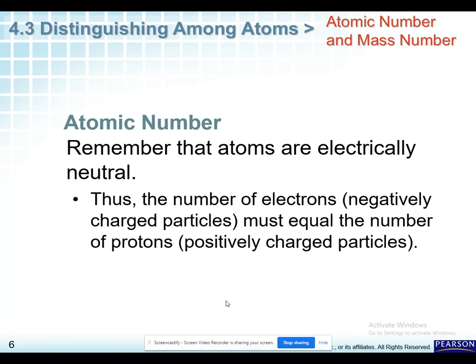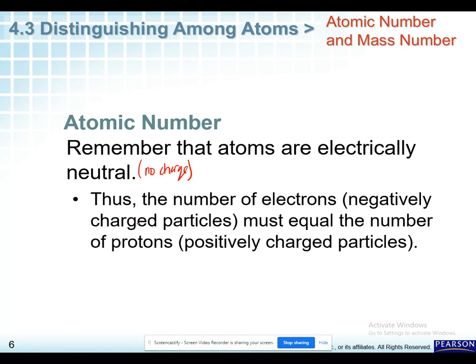Okay. One thing before we go on from atomic number, please remember that atoms are electrically neutral, which means neutral has no charge. That means in order to be neutral, the number of electrons must equal the number of protons, because those two charges cancel each other out.